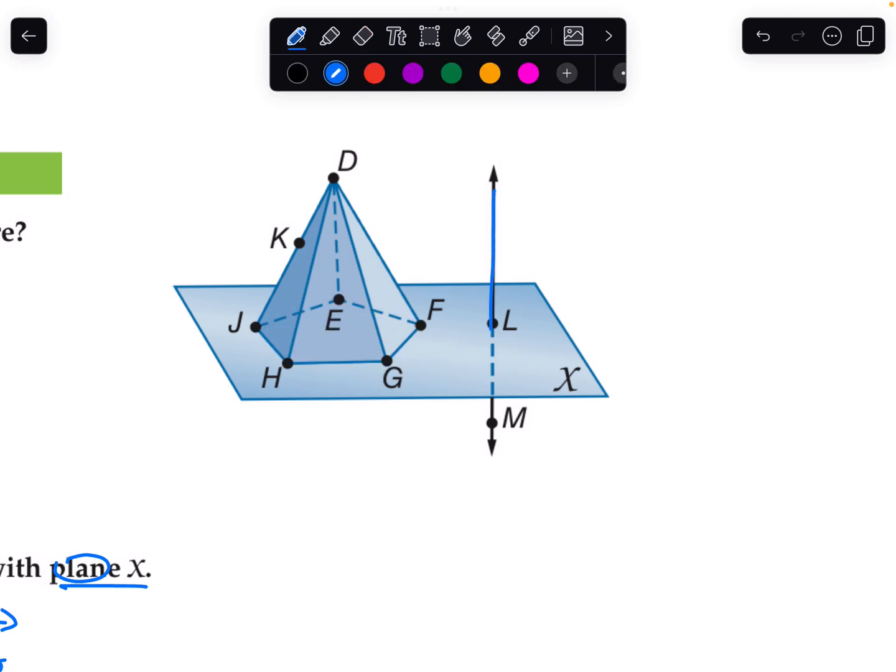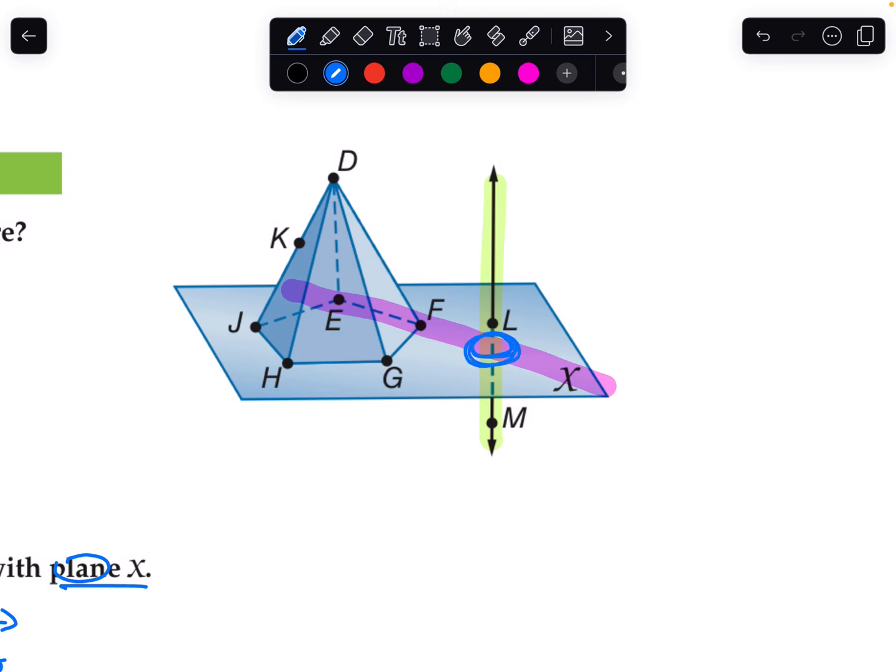Line LM right here. Actually, let's use the highlighter again. And line EF, that would be this one here. Remember, it extends infinitely in both directions. So notice these lines could intersect somewhere around here.